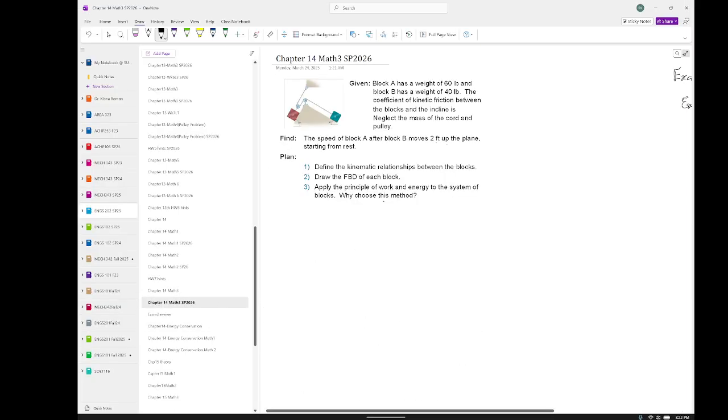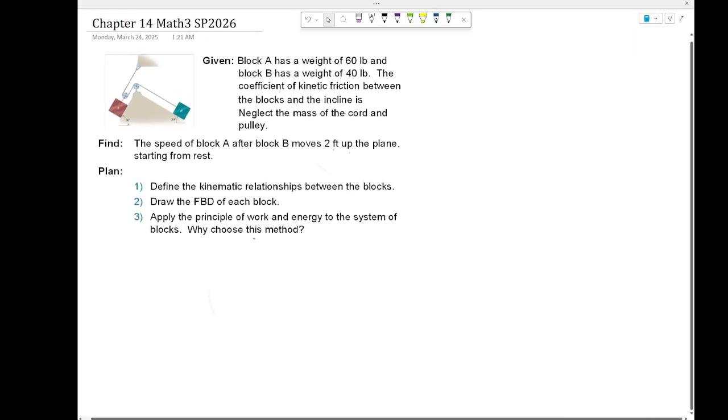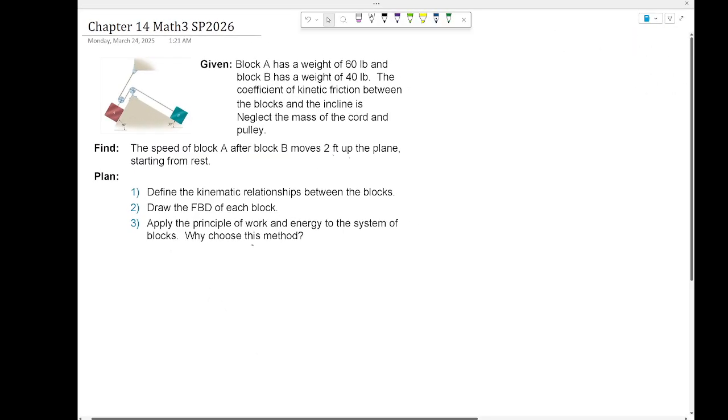Okay, so this is the problem that we'll be doing. Let me read through the problem. Given block A has a weight of 60 pounds, this is an English unit problem, by the way, and block B has a weight of 40 pounds. So you see block A and block B here. The coefficient of kinetic friction between the block and the incline is not given here directly. I have to give you the value, mu k.